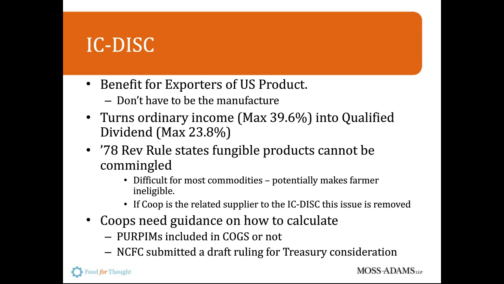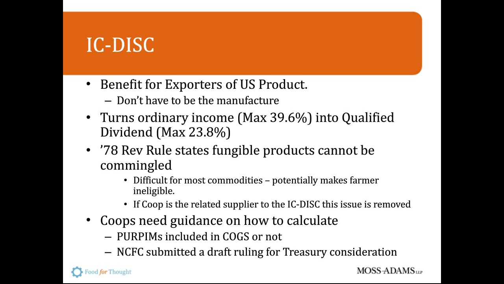And so if you're corn or soybeans or almonds or all kinds of other things, typically when you deliver that to a co-op, it's going to get commingled with all the other products from all the other members. And this old revenue ruling says that you can't take the IC-DISC benefit if you don't know for sure that your product has been exported.